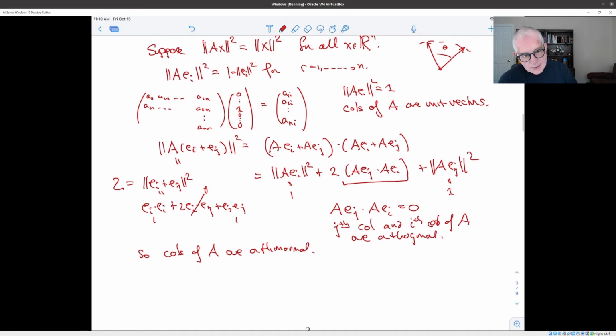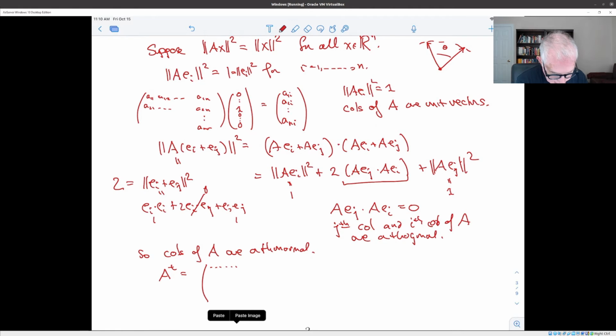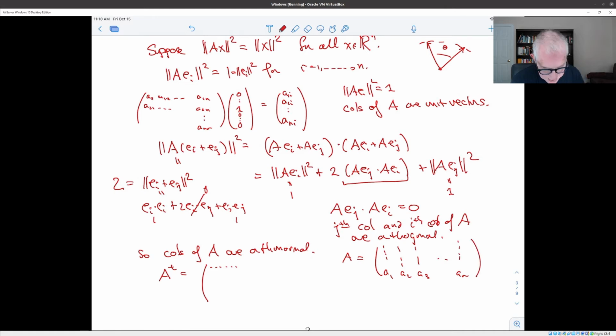Well, that means that if we take A transpose, which remember looks just like A, let me write A so that the columns are A1, A2, A3, out to An. So A transpose, the rows are A1, A2, out to An.